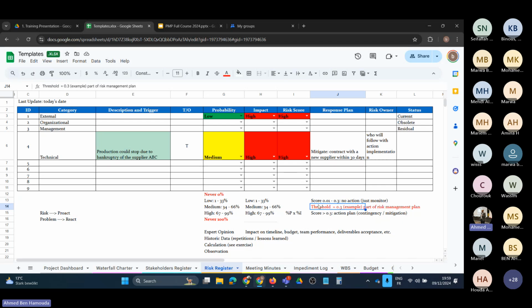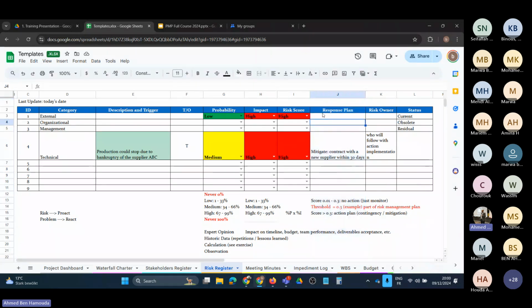But if the risk score is less than 0.3, which is just an example, then we don't take any action. Actually, we just monitor the risk. Now, of course, if the risk is higher than the threshold, then we need to set a response plan, and this we will see in the next section.